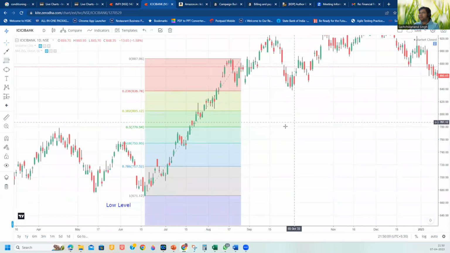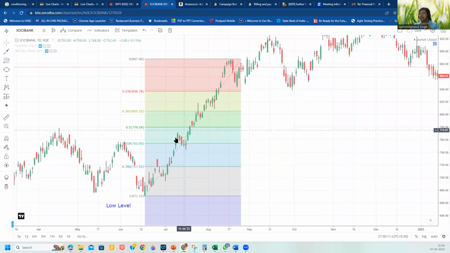Okay, so as I was explaining earlier, from top to bottom you can see there are various fraction numbers like 0.236, 0.382, 0.5, and so on. So these fraction numbers, if you convert them to percentages, will be 23.6, 38.2, 50, 61%, 78%, and so on.